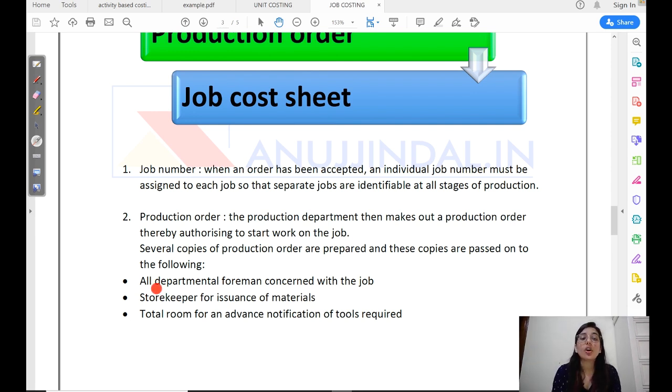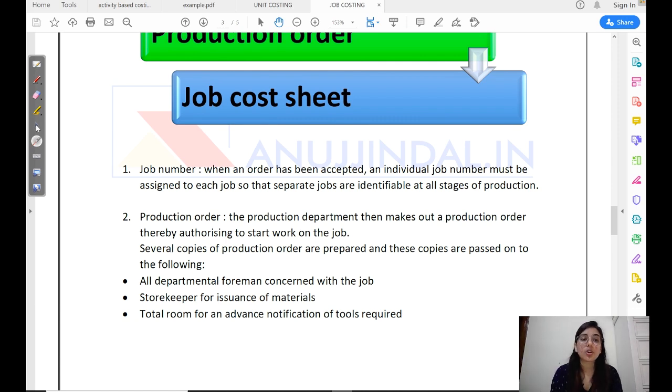For example, all the departmental foremen, all the storekeepers, and the tool room for advance notification of the tool requirement, because for production you would be requiring the material, you would be requiring the tools, and hence it is important to let them know about the production, right?